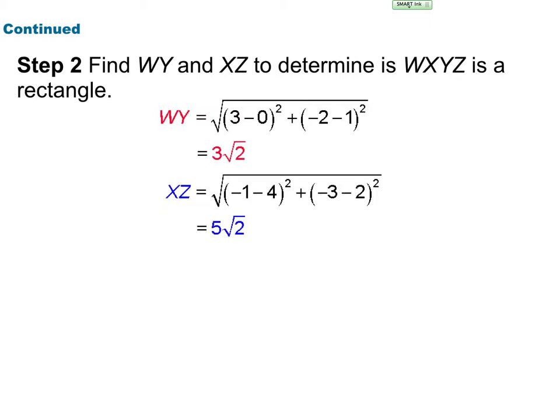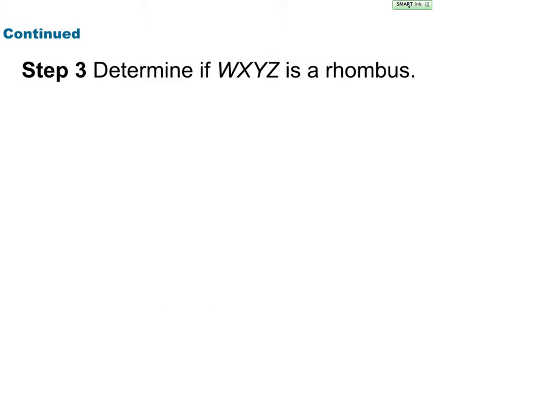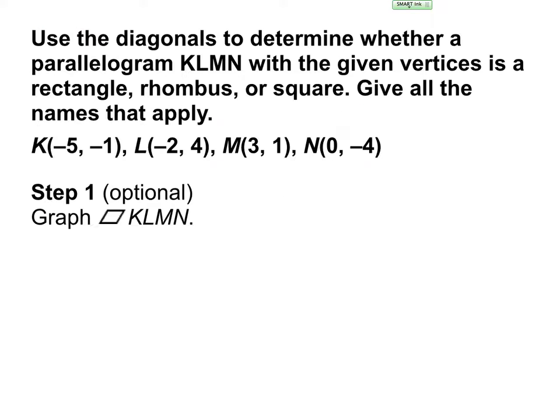So that means I've eliminated what shape or shapes. Can't be a rectangle. And if it's not a rectangle, can't be a square either. So our only possibility is rhombus or nothing. So let's see. Rhombus, slopes, opposite sign and reciprocals. Yep. So it is a rhombus. Understand the calculations and analyzing? All right, let's write down what the assignment is based on those sections.